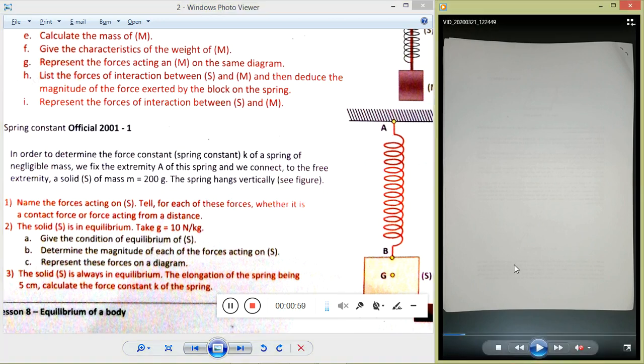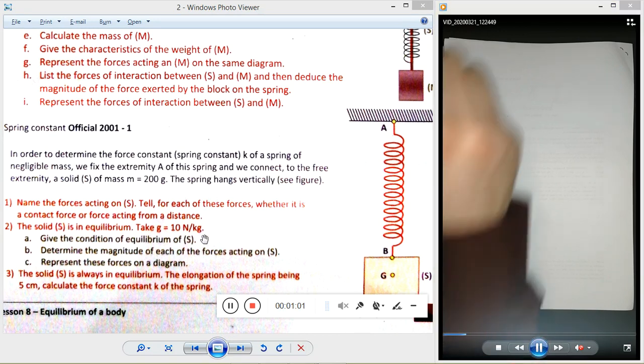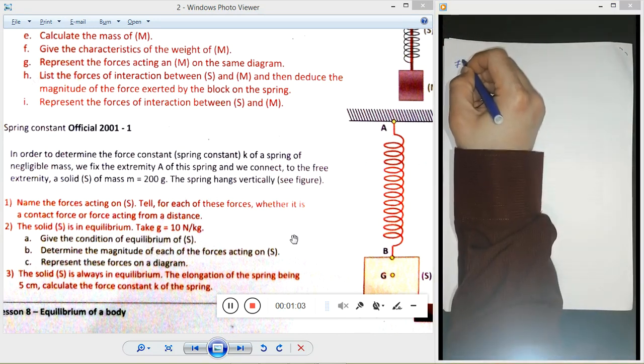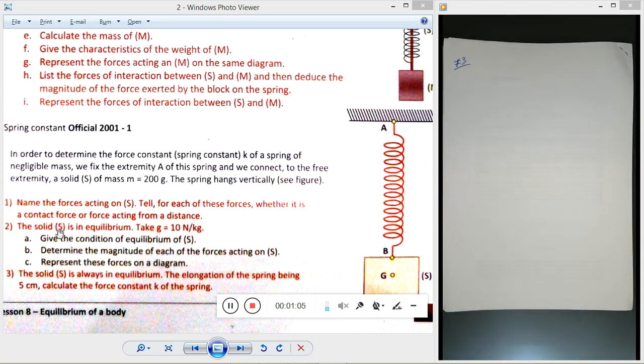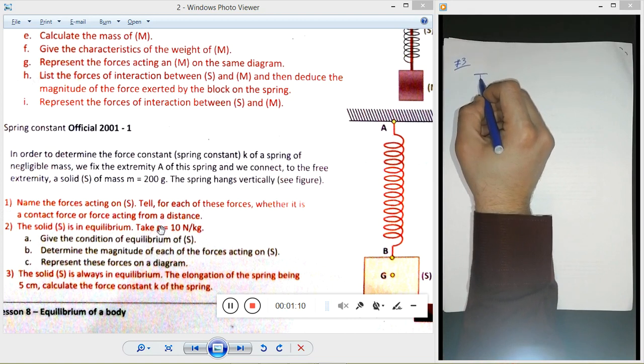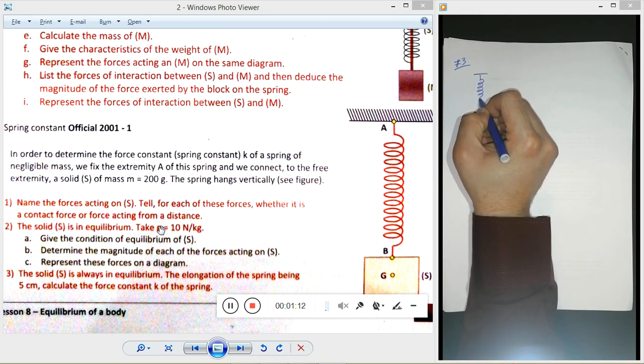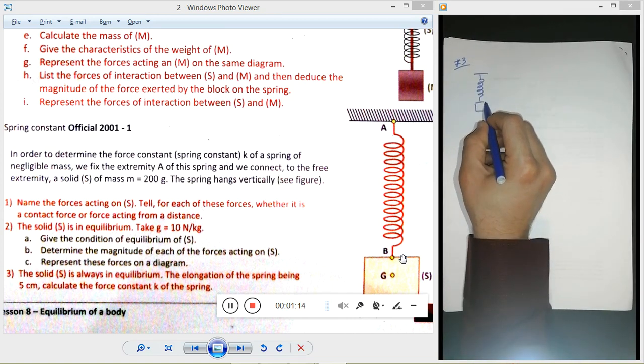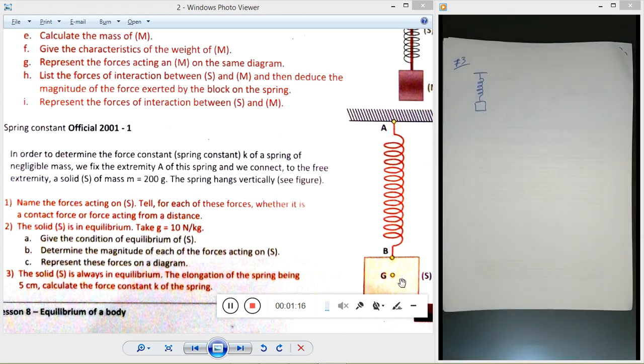Name the forces acting on S and tell for each of these forces whether it is a contact force or a force acting from a distance. They could ask to classify the forces. Of course, you know that the first force is the tension and the second force is the weight.